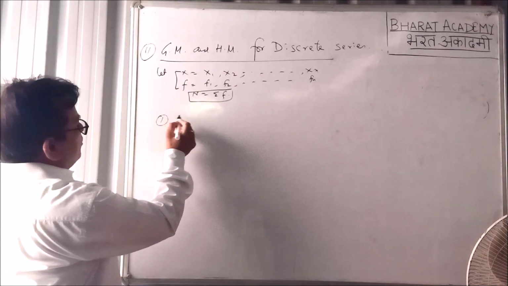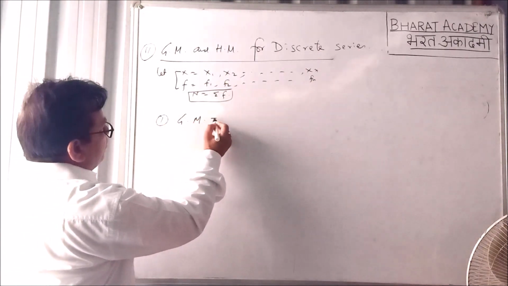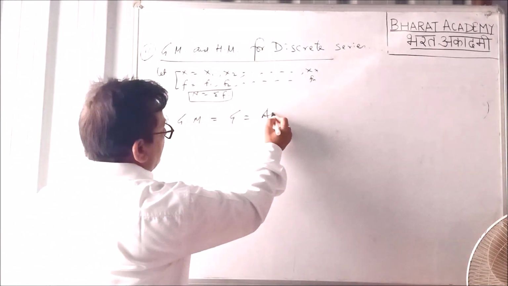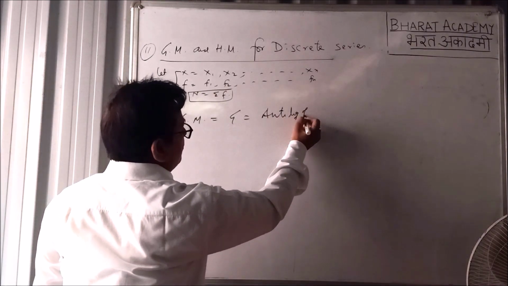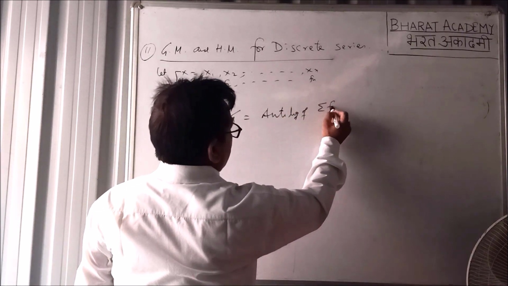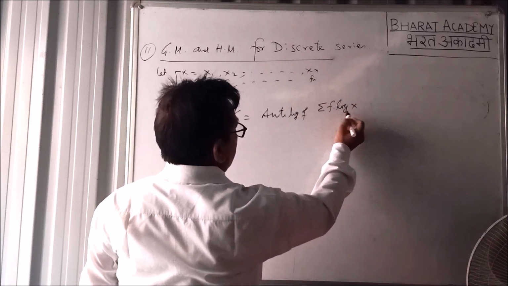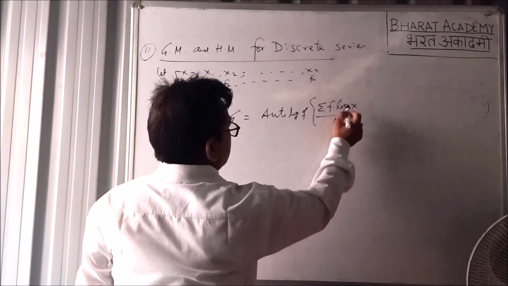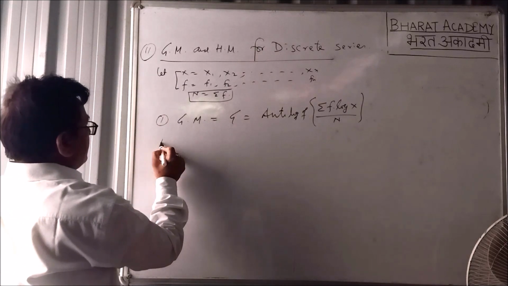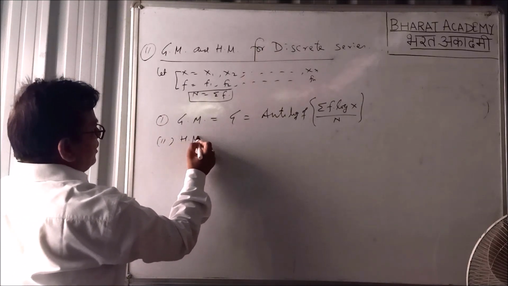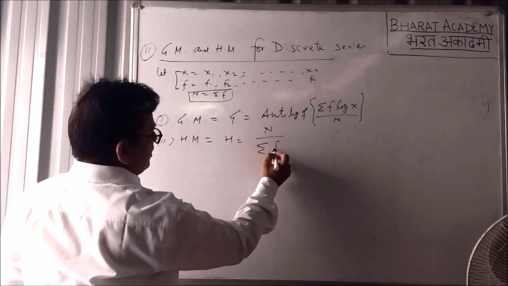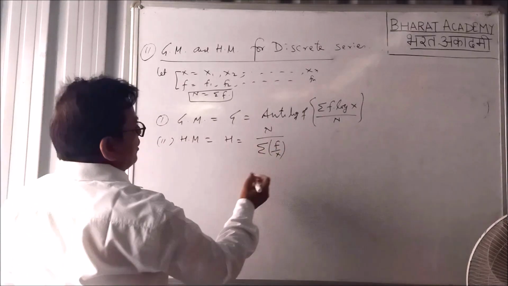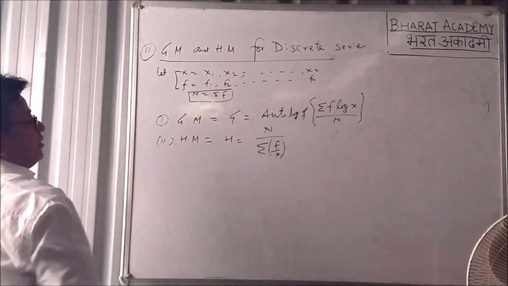In this case, geometric mean can be calculated by this formula, anti-log of summation f into log x upon n, and harmonic mean is H equal to n upon summation f upon x, where this n is the total frequency.